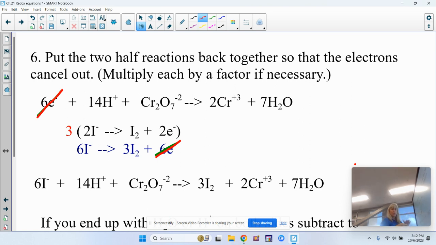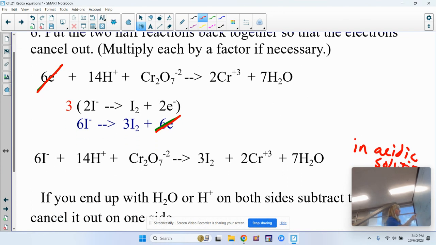Sometimes when you go to put them back together, you might have water on both sides, or both of them have water on the same side, and you add together the waters, and the H pluses too. But in this particular one, there was no water or H plus. So the only thing that cancels out are the 6 electrons. And now I put them together.